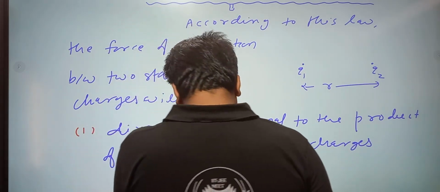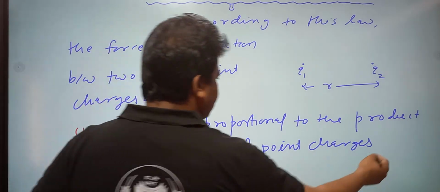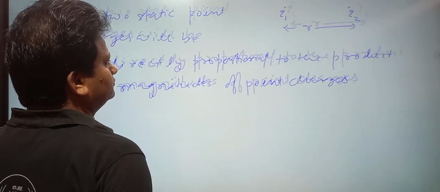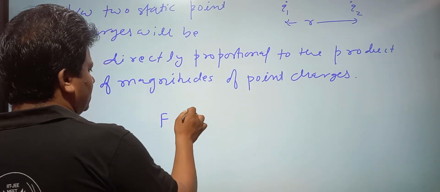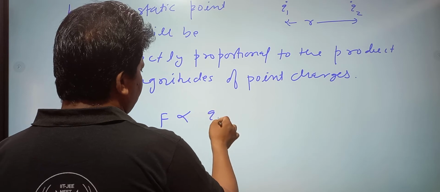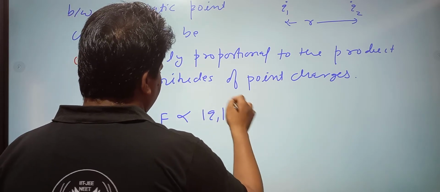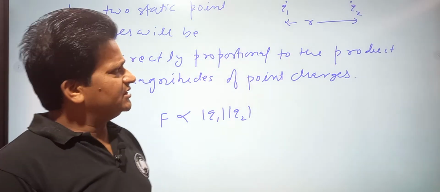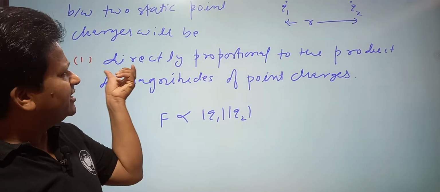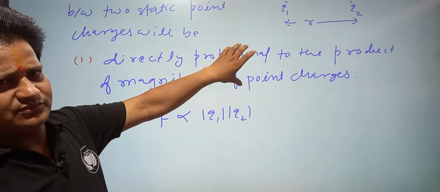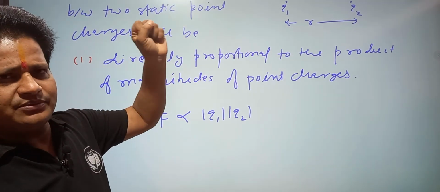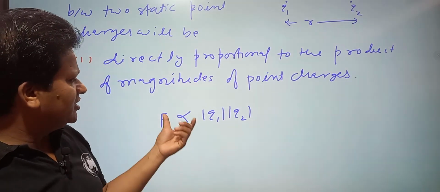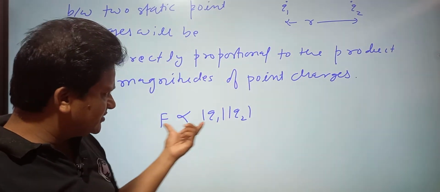That is, F is directly proportional to the magnitude of Q1 times the magnitude of Q2. If you have sufficient time in the examination, then you can write this language also. If you do not have sufficient time, then you can directly write this mathematical expression.